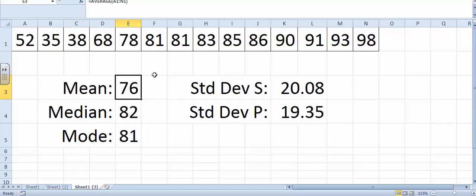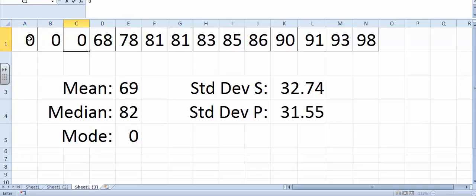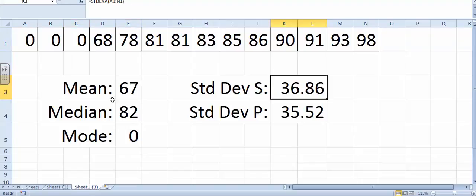You can see the mean changed considerably because of the addition of new marks here. The median didn't change at all, and the standard deviation, of course, came down quite a bit. So the idea is that the standard deviation allows me to get a feel for how good my mean is. In this case, my mean is pretty bad because I'm saying the mean is 67, but I could be off by as much as about 37, generally speaking.